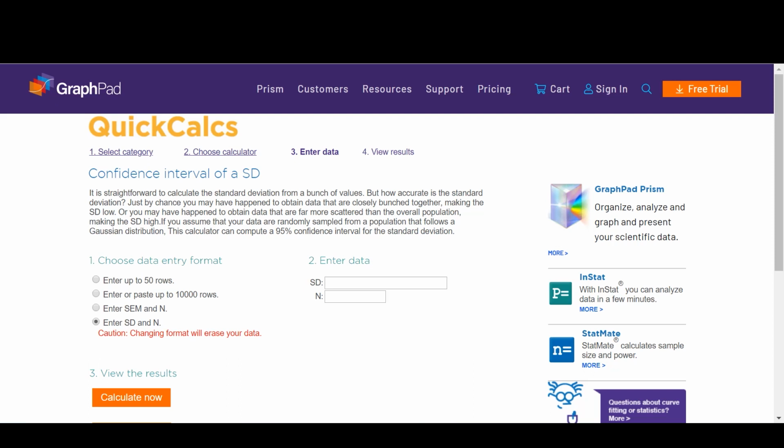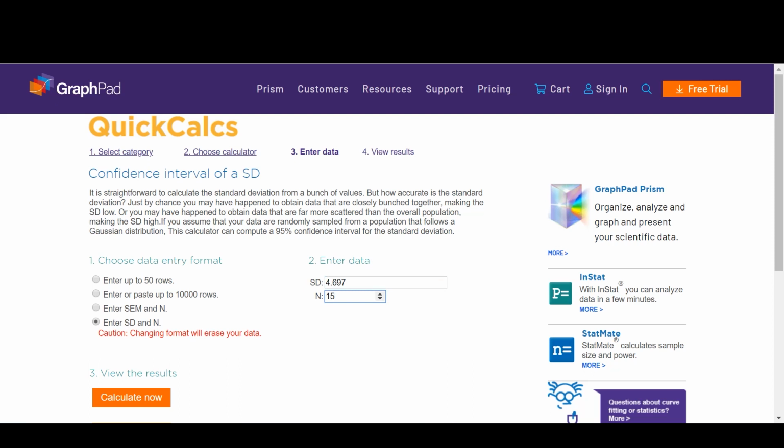There are different ways that you can enter your data. You can put in actual data, but we're going to be using SD and N, which is the standard deviation and the sample size. Again, in our example, the standard deviation is 4.697. Sample size was 15.